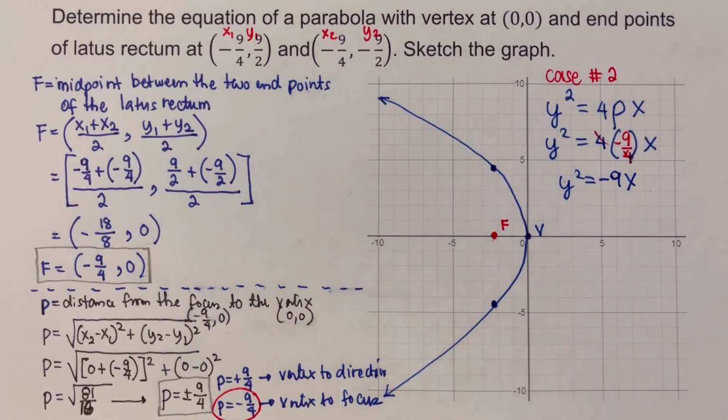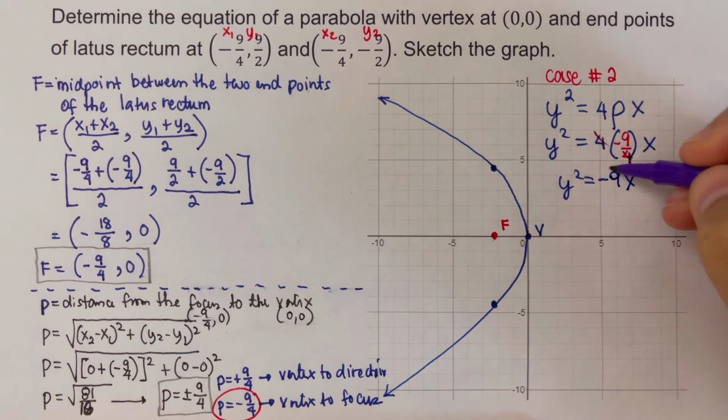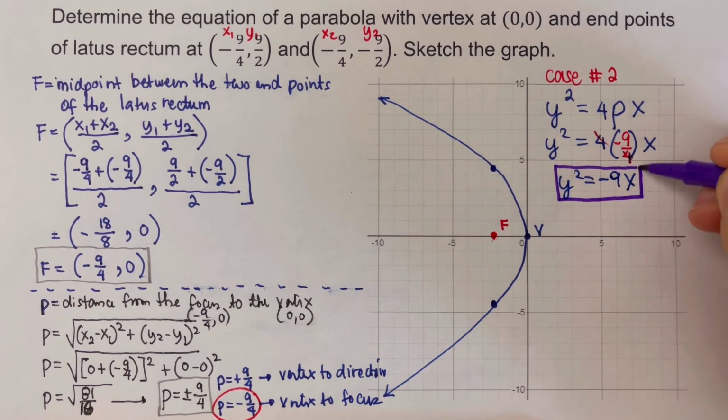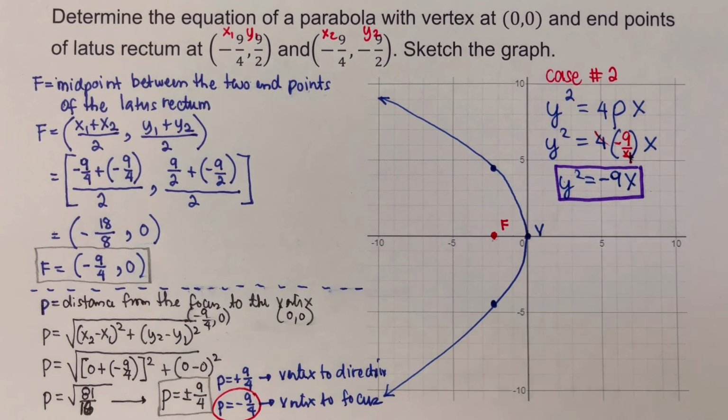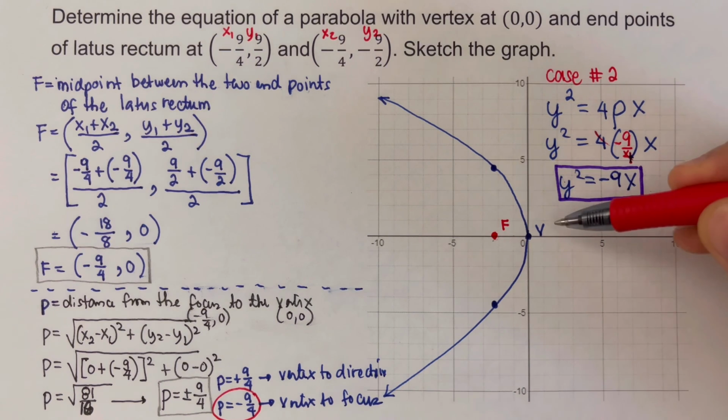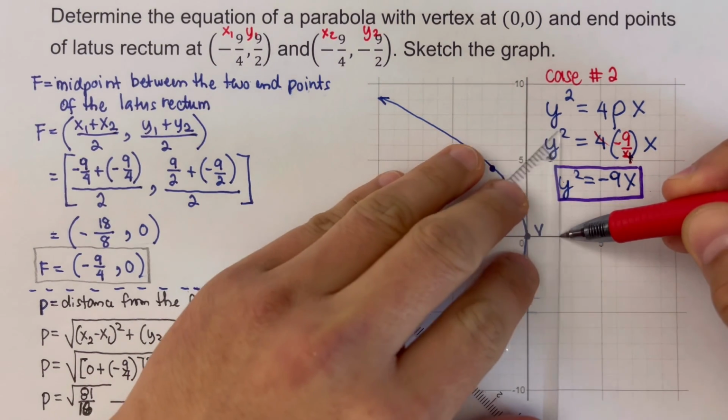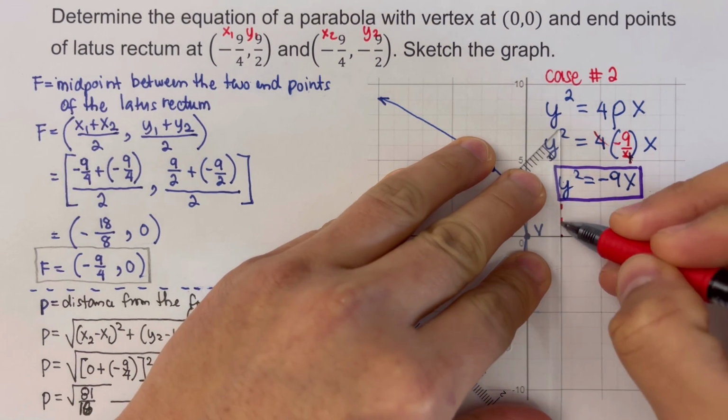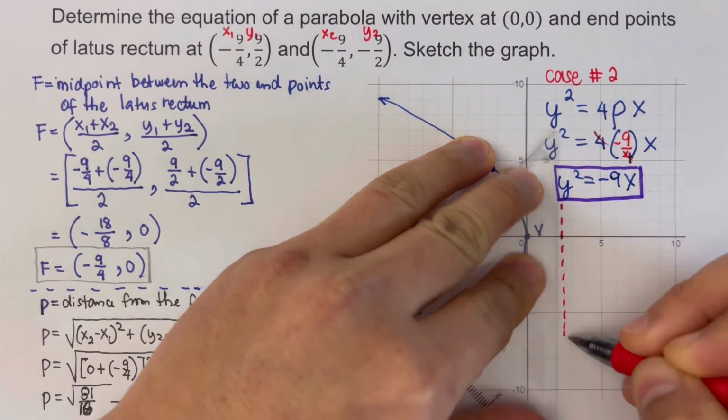That is the equation of this parabola that we have here. Now we can draw the directrix. The distance of the directrix from the vertex is positive 9/4, or again, remember 9 over 4 is 2.25. So that would be 1 to 2.25, somewhere around here. So this is our directrix.